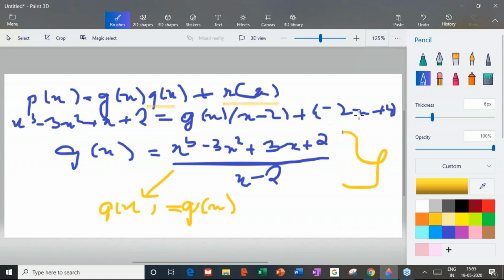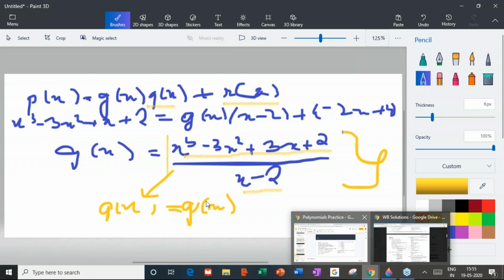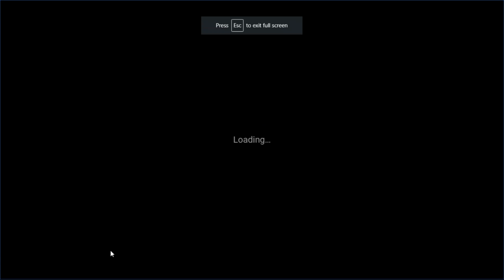So you substitute the values of that and simplify using P of X. You will get an equation like this, which has a numerator and denominator. Now the numerator becomes your dividend and the denominator becomes your divisor, and when you divide this equation you will get a quotient. The quotient is what will be G of X, which is given here.